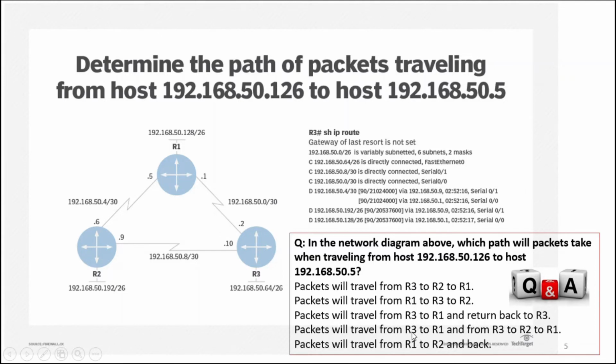Let us describe each one. This one is not suitable because this is the longest path, R3, R2, R1. The second choice is R3 to R1 and return back to R3. R3 directly to R1 and return back to R3.